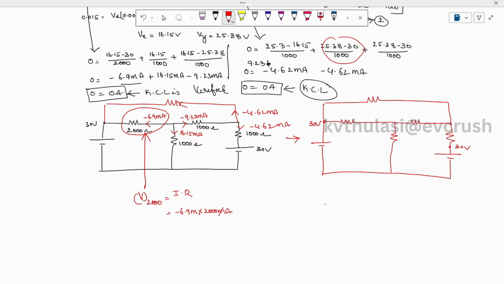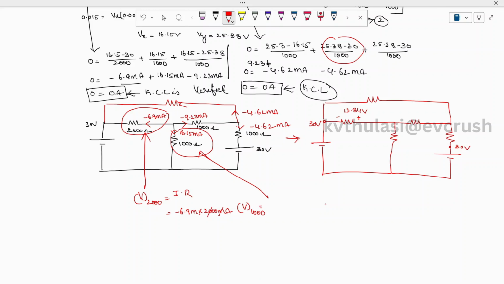Milli and 2000 will get cancelled, and you are going to get the voltage as a positive, negative, this 13.84 volts.